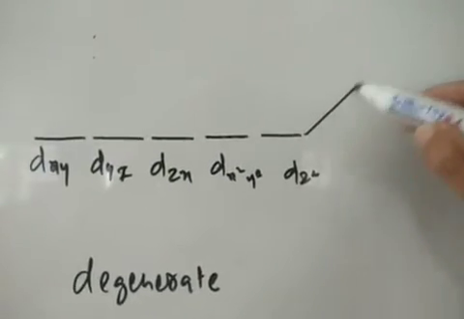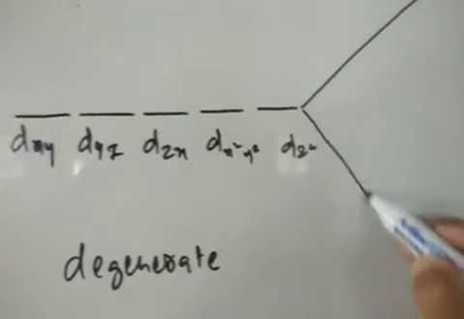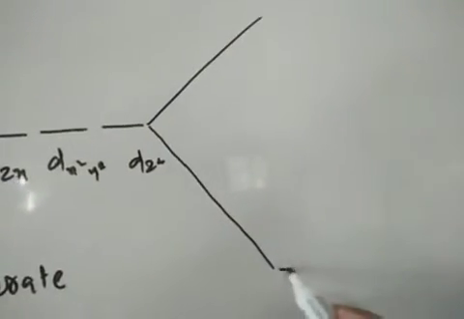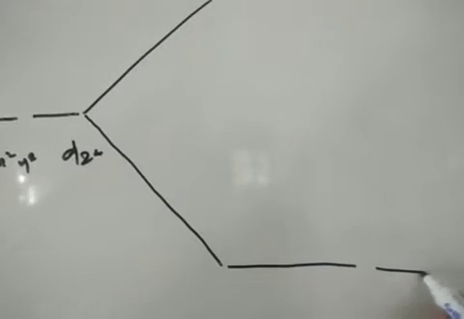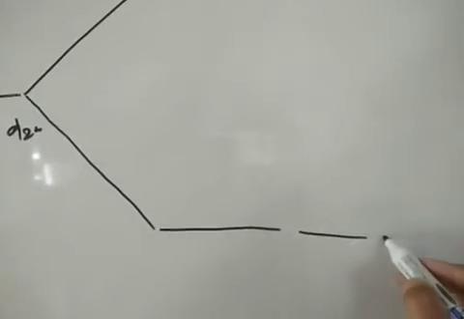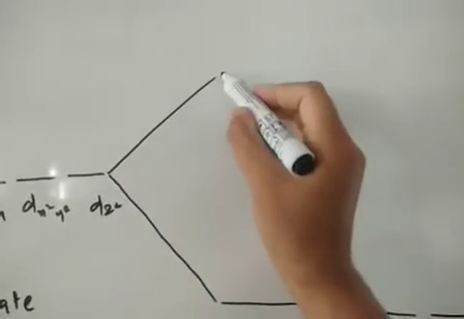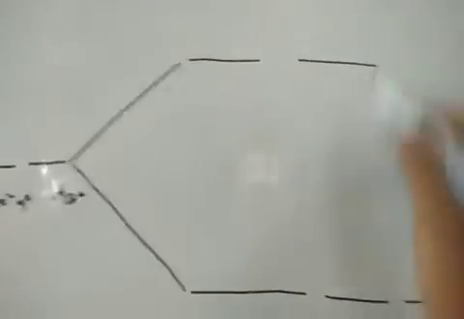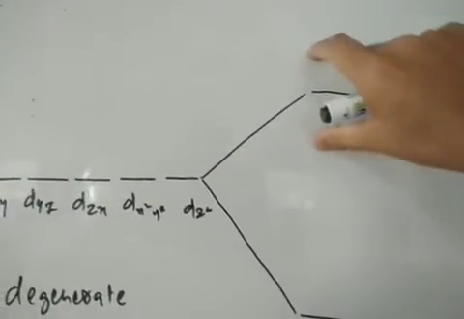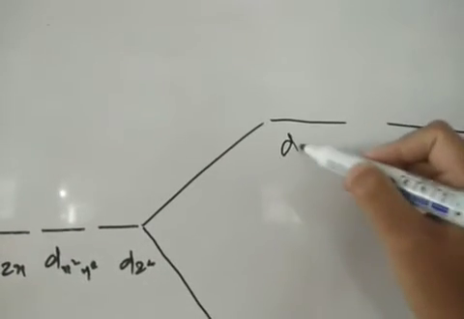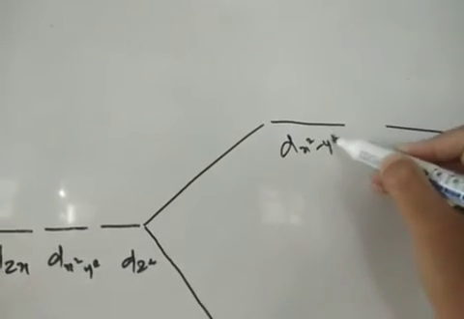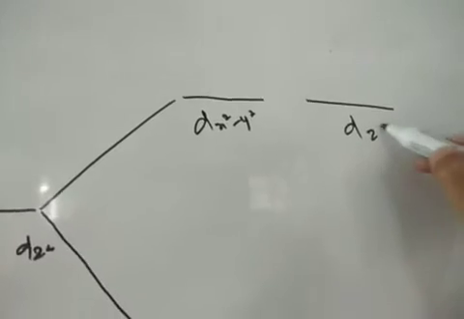Now during the ligand formation, when the ligand approaches the midline, we have the complex formation. This type of situation exists. So we have two orbitals raised in the energy, that is dx square minus y square, and dz square.